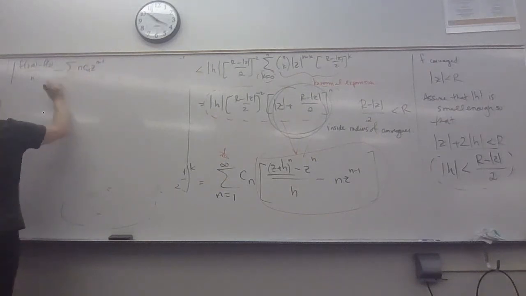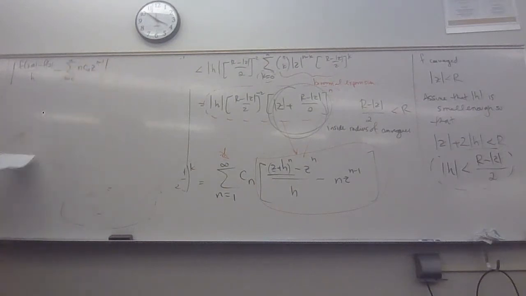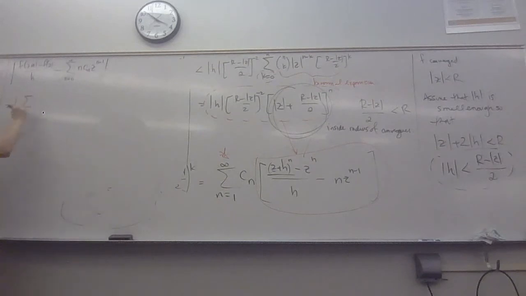This is n from 0 to infinity. And at the end of the day, this boils down to the absolute value of the sum from n equals 1 to infinity of c_n times (z plus h)^n minus z^n over h, minus n z^(n-1).